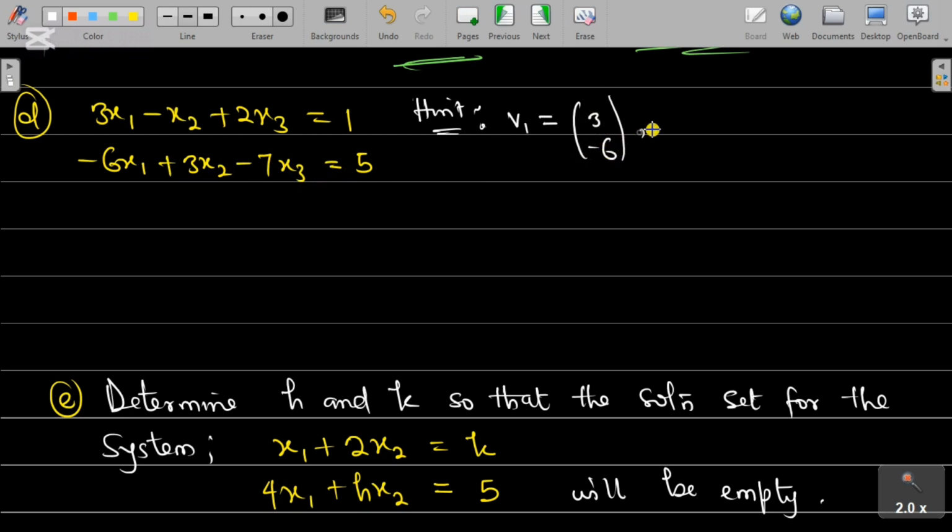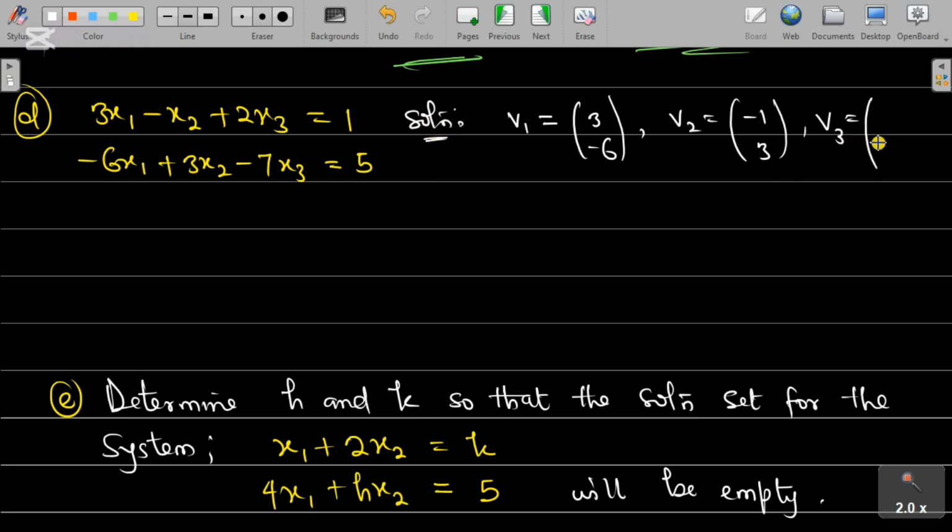They are going to be column vectors, and v2 will be equal to minus 1 and 3, and then v3 is going to be equal to, sorry, instead of calling this hint, you can actually call it solution. So you are already solving, and you are writing it after where they wrote define appropriate vectors. Because that is the part they gave you to use in solving this problem.